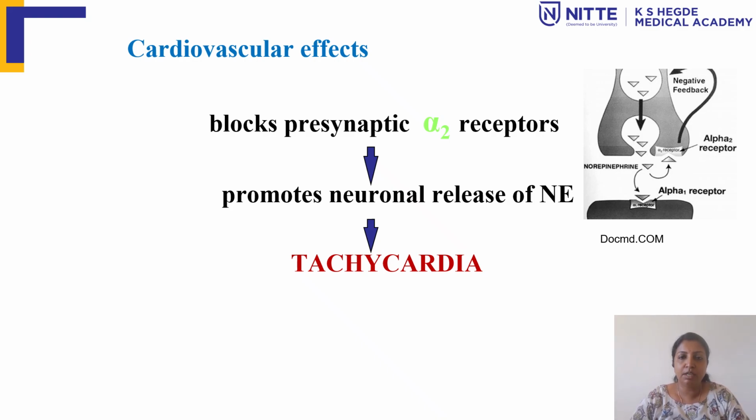Non-selective alpha blockers are blocking alpha 1 and alpha 2 receptors. By blocking the alpha 2, which is presynaptic on the adrenergic nerve ending, it can promote the neuronal release of norepinephrine, which can produce tachycardia by acting on the beta 1 receptors.